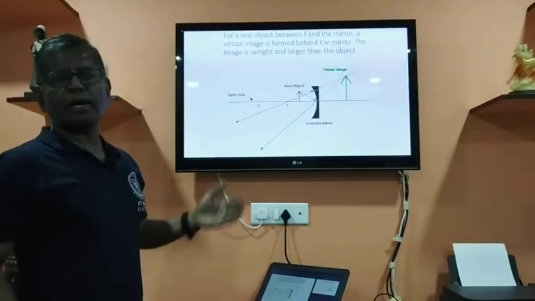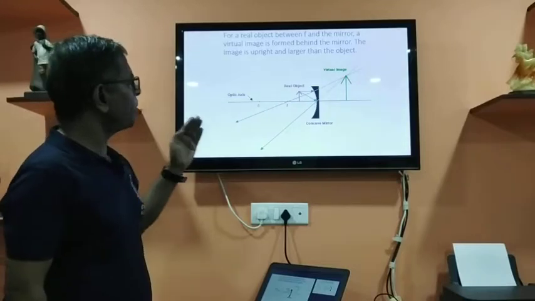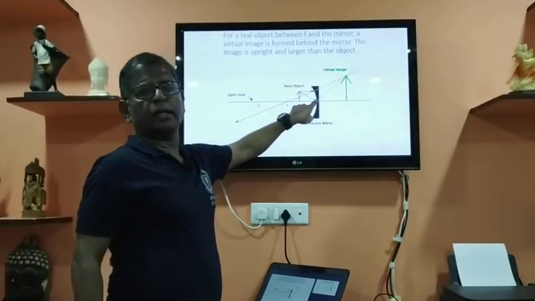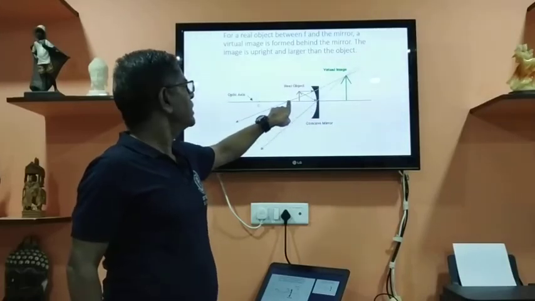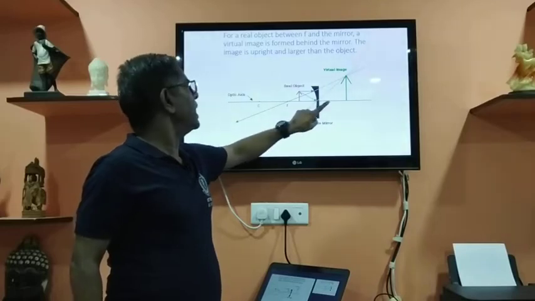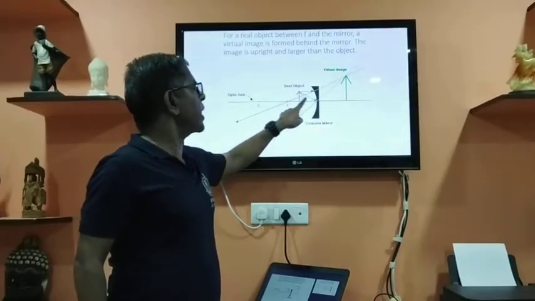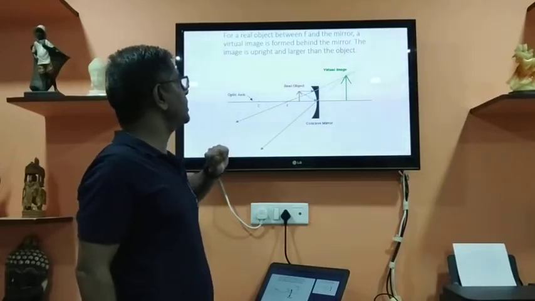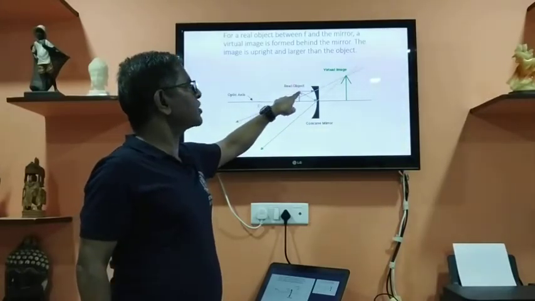Okay, one more example to help you. If the object is kept between the focal point and the mirror, so this is F and this is the pole, and the object is between the focal point and the pole. Again you have to follow the same procedure. Here again you can apply the first rule.